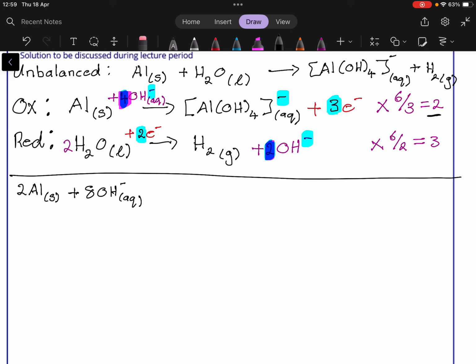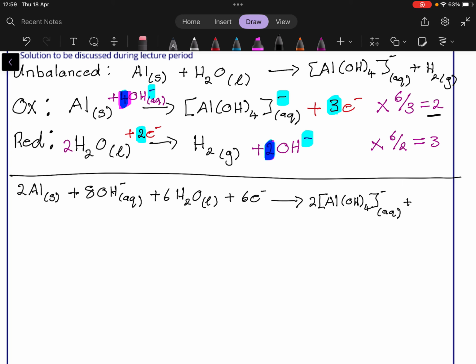The reduction one has then 3 times 2 water, so that's 6 water, plus 2 times 3 electrons, so plus 6 electrons. Right, so that's the left-hand side. On the right-hand side, we have 2 of these complexes, so 2 of them in aqueous solution.